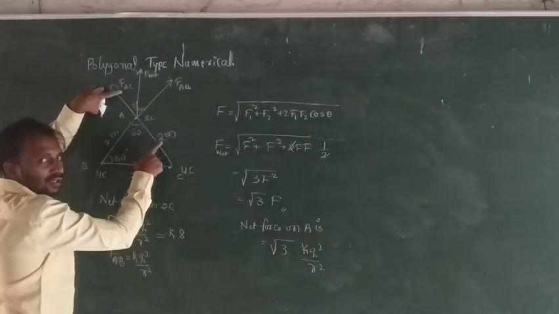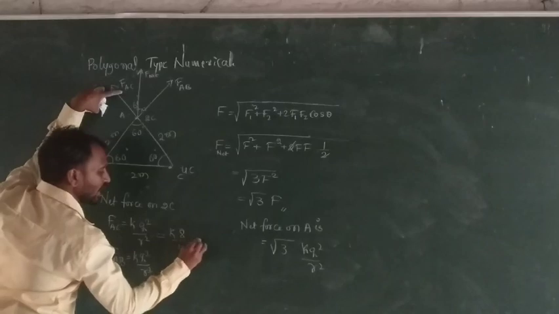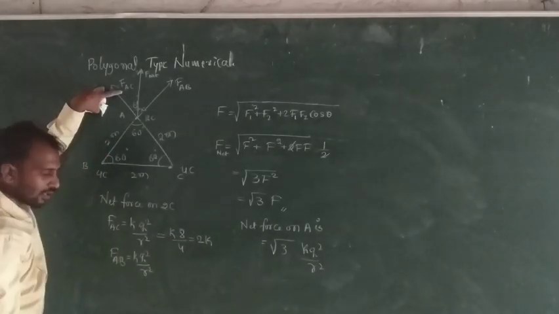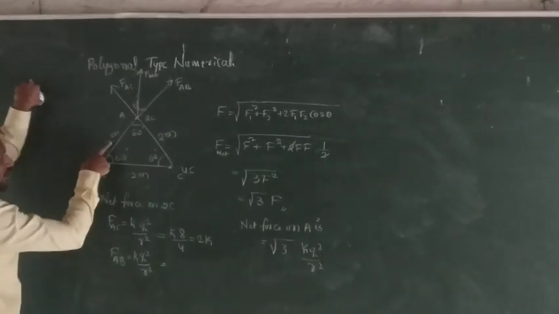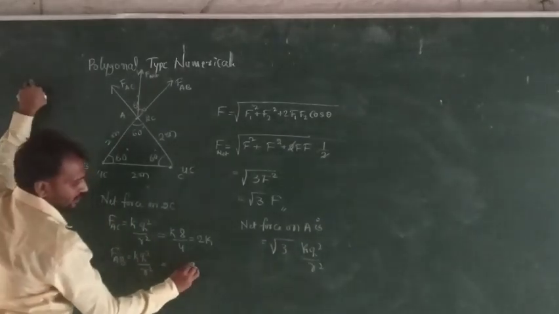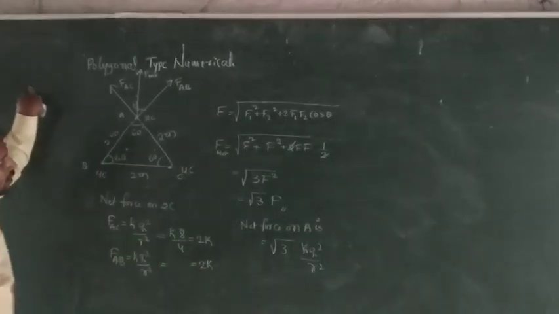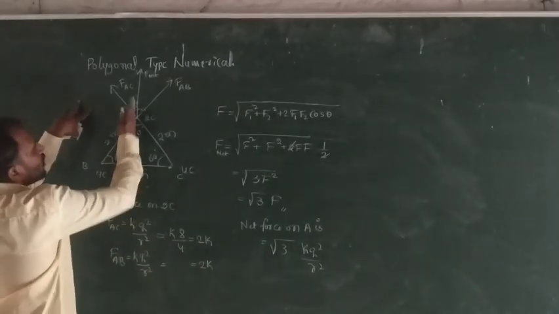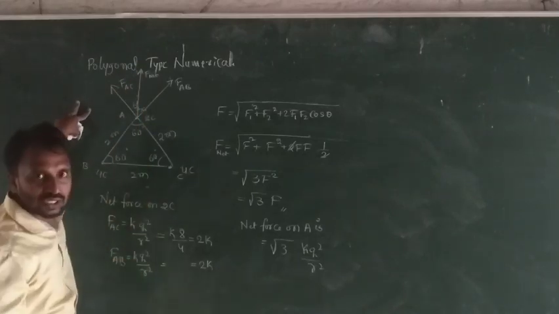Distance is 2 meter, 2 square means 4. So we get 2K. And here also the same thing, 2 coulomb and 4 coulomb, distance is 2 meter, and here also we get 2K. Then we want to calculate the resultant force, the net force on the 2 coulomb charge.